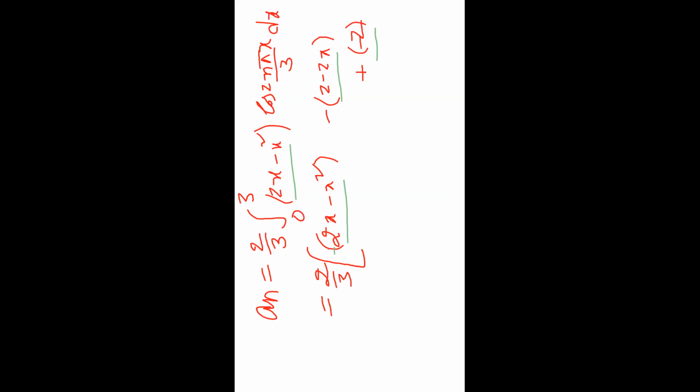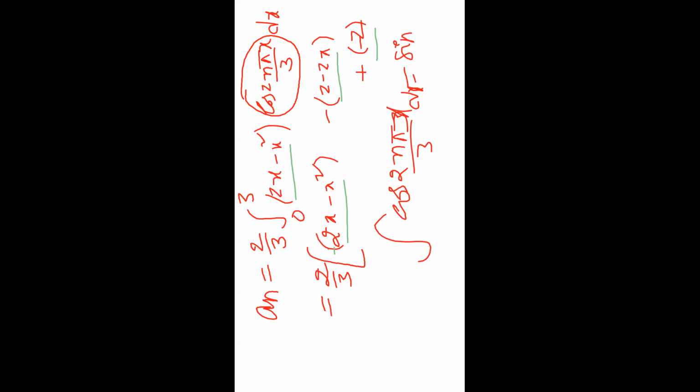Okay. So after that, we have to find the integration of the remaining term. The remaining term is cos 2n pi x by 3. So taking the integration of cos 2n pi x by 3, the integration of cos is sin 2n pi x by 3, and the angle of x is 2n pi by 3.